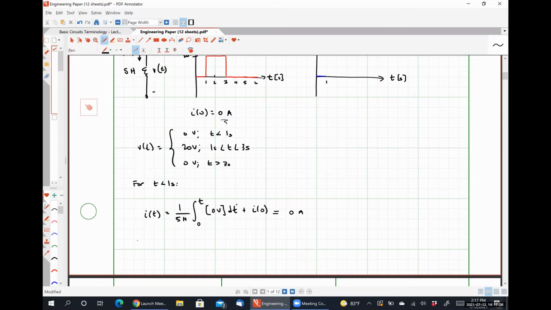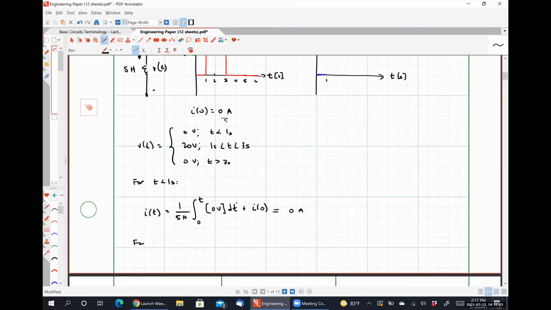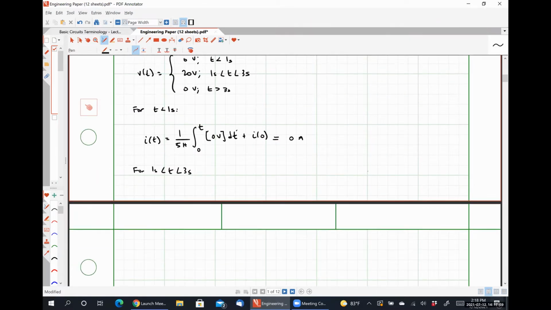Let's look at what happens when t is between 1 and 3 seconds. So 1 second less than t less than 3 seconds. All right.